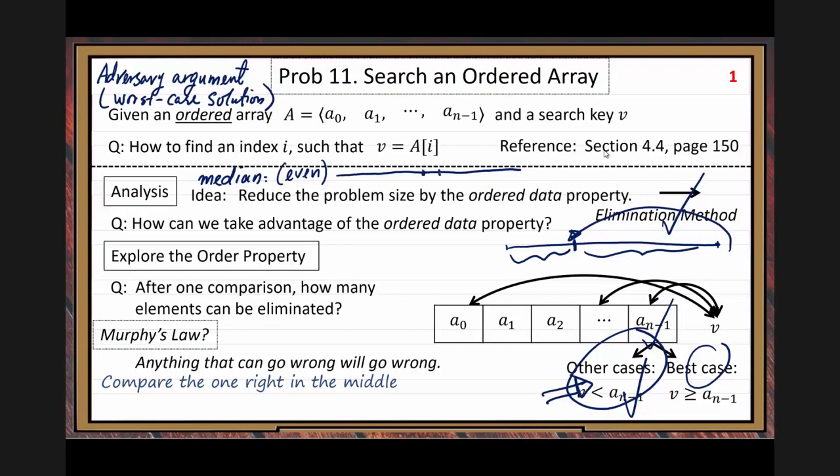We can consider the left one, we call it the left median. The second one, we call the right median.